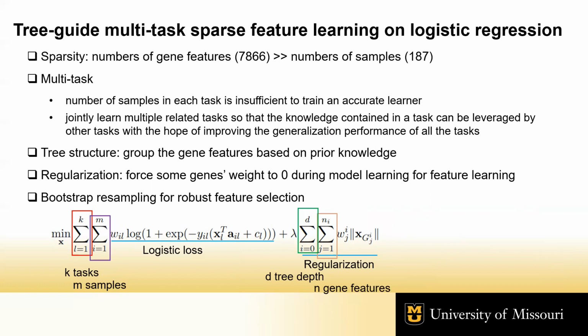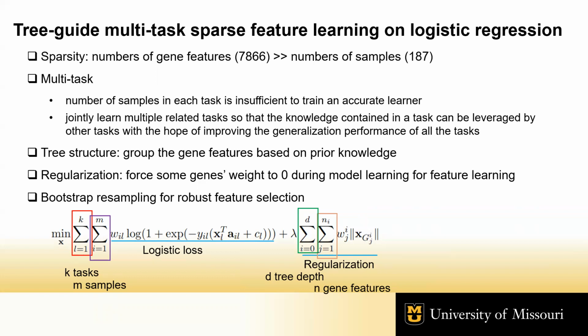The number of samples in each task is insufficient to train an accurate learner, while learning multiple related tasks together lets the knowledge contained in a task be leveraged by other tasks, with the hope of improving the generalization performance of all the tasks.